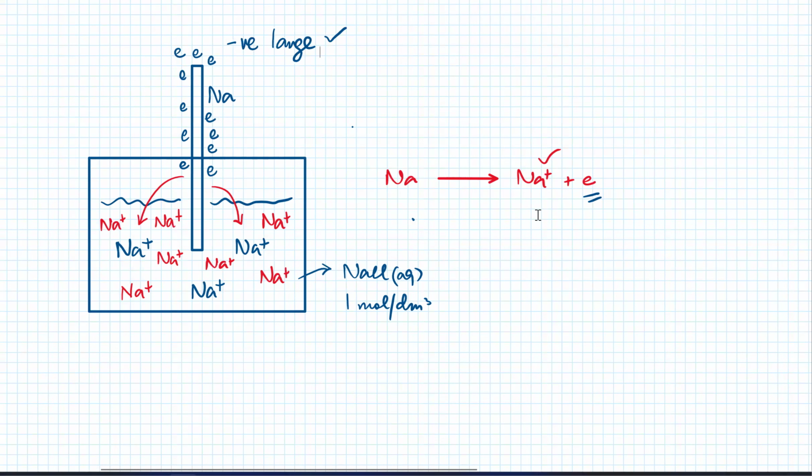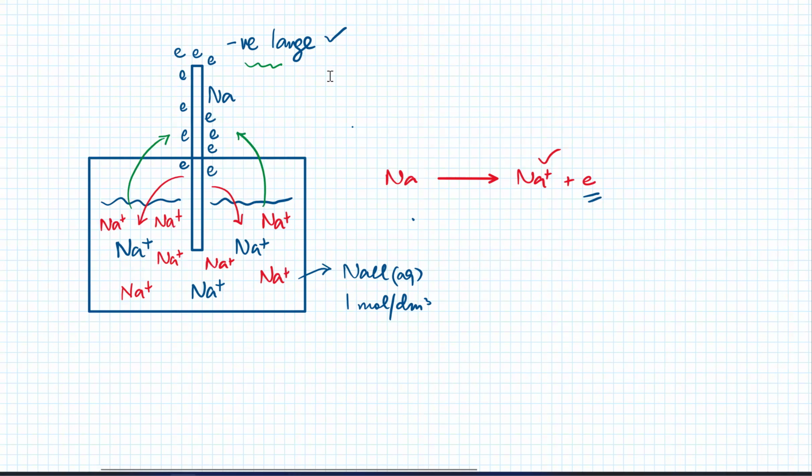But this process will not happen endlessly. A point would come when the negative charge on the metallic rod would become so large that the sodium ions are going to get attracted back to the electrons.